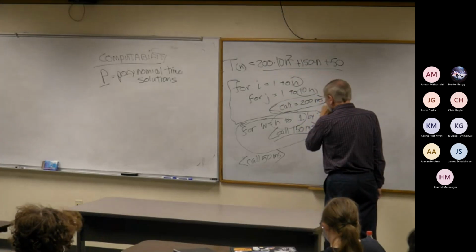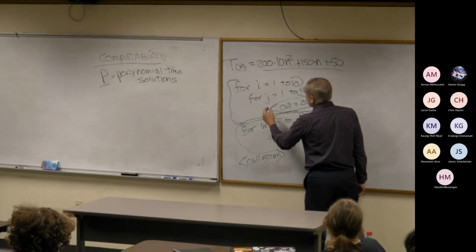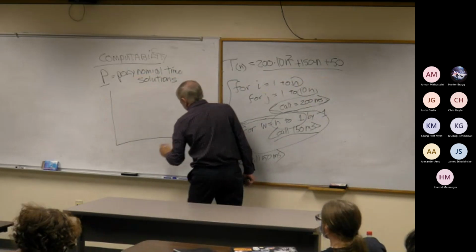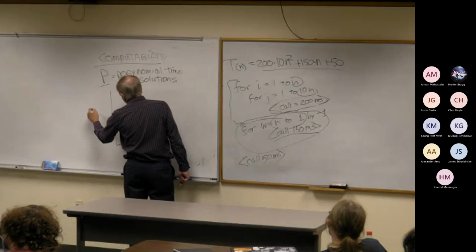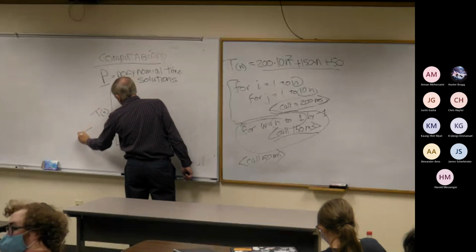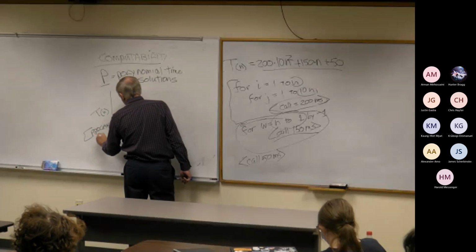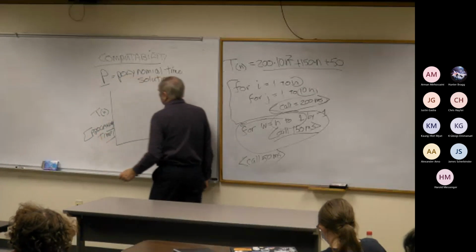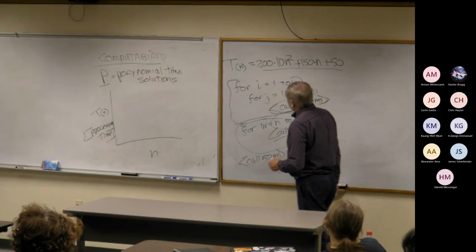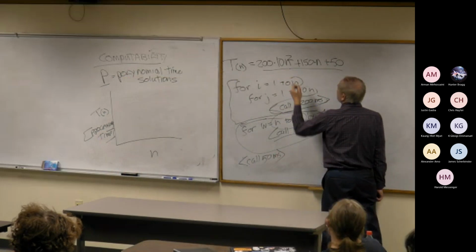So when we actually look at that on a big scale, n is increasing and time, we're referring to processing time. So this would be what happens as n gets large, right?